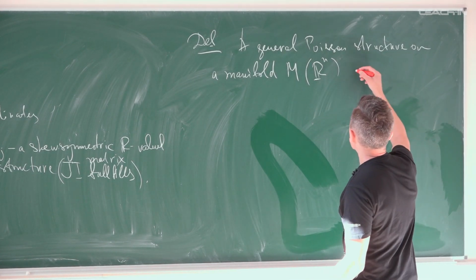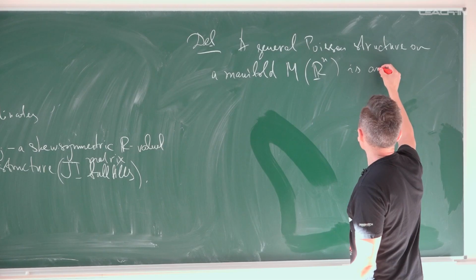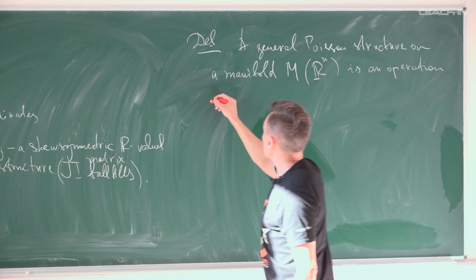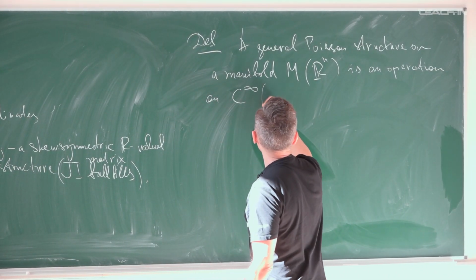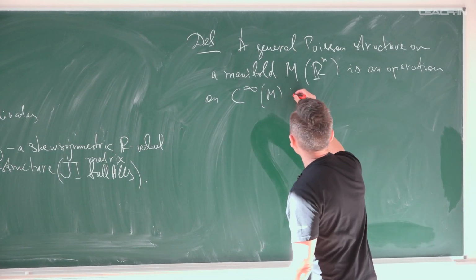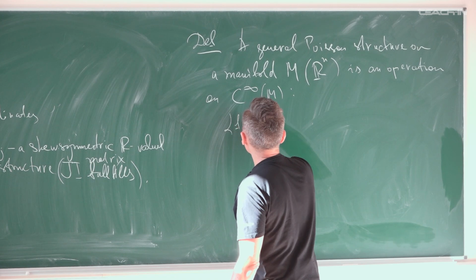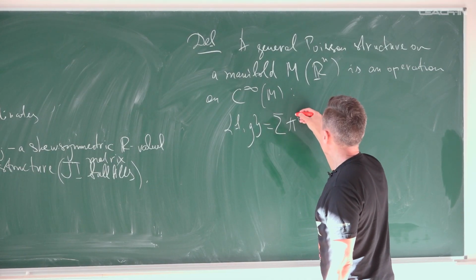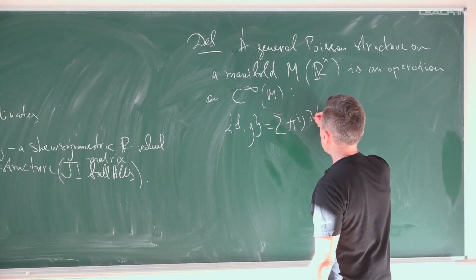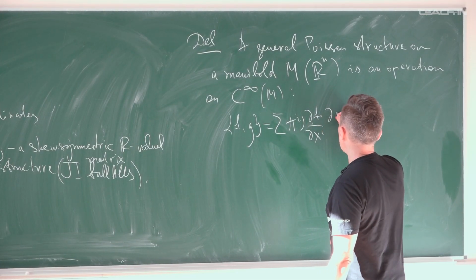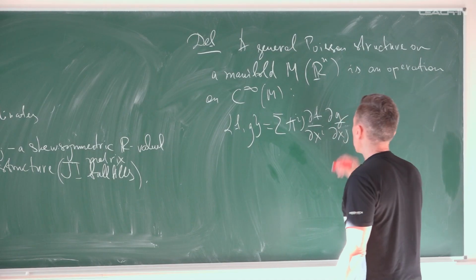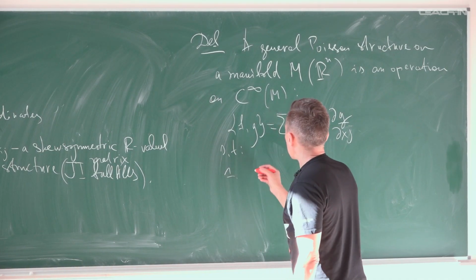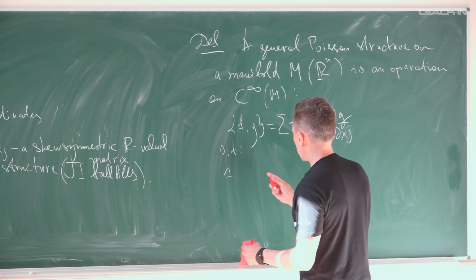A general Poisson structure is an operation also on functions, on smooth functions, given by the formula {f,g} equal to the sum P_ij ∂f/∂x_i ∂g/∂x_j, such that it is skew-symmetric.